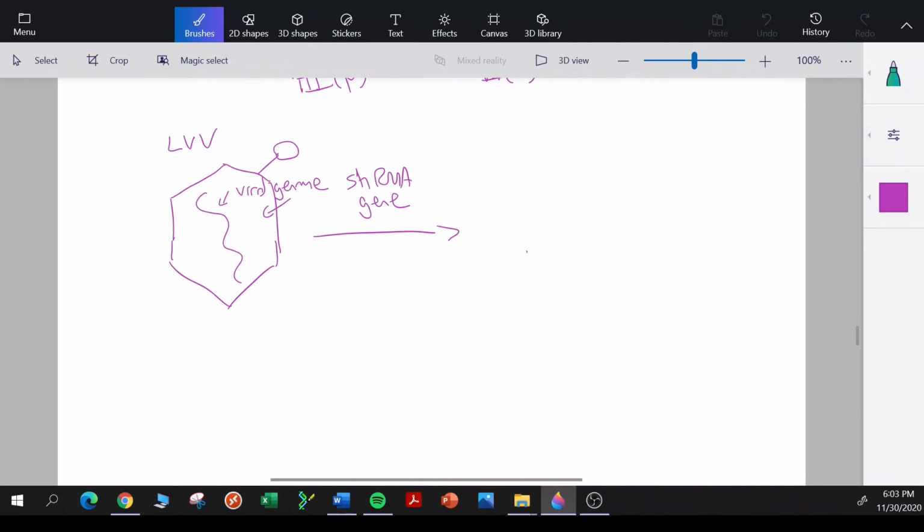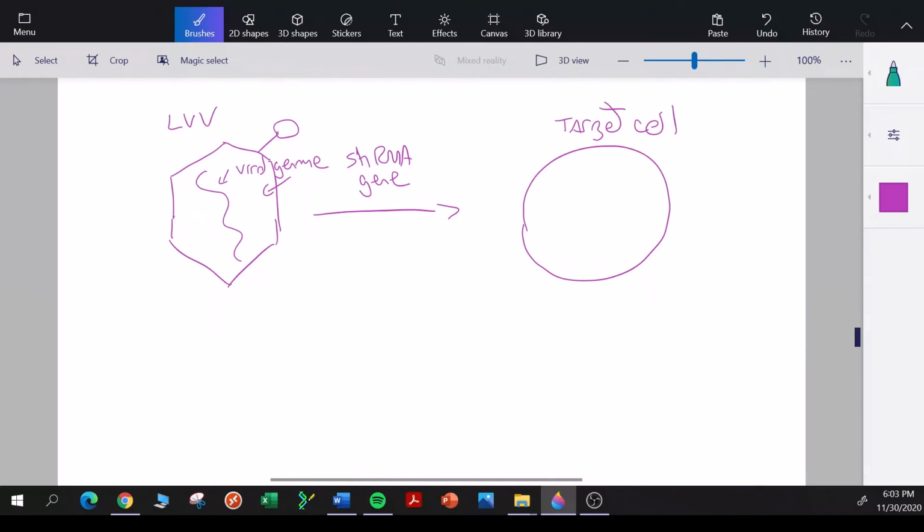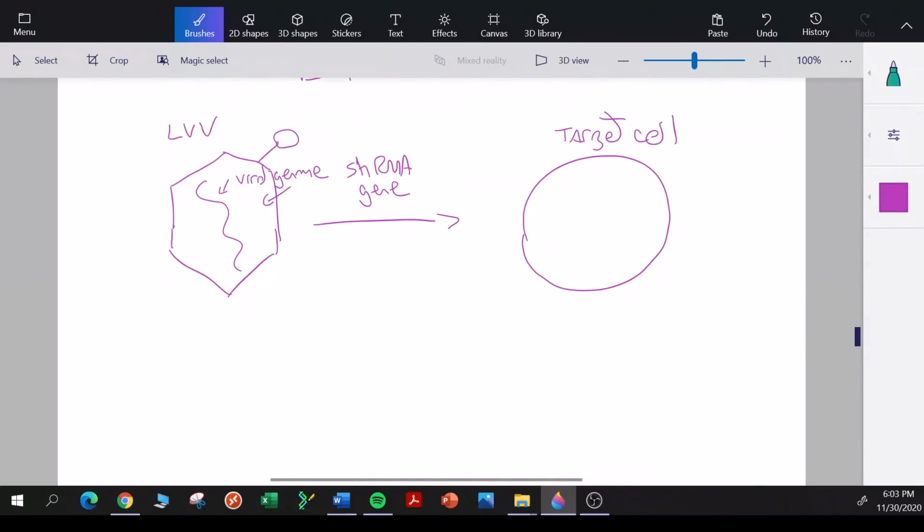And if this is our target cell, this is the target cell line that we want to reduce or silence the expression of gene X in. So we mix the viral particles, the lentiviral vector particles, with the target cell.